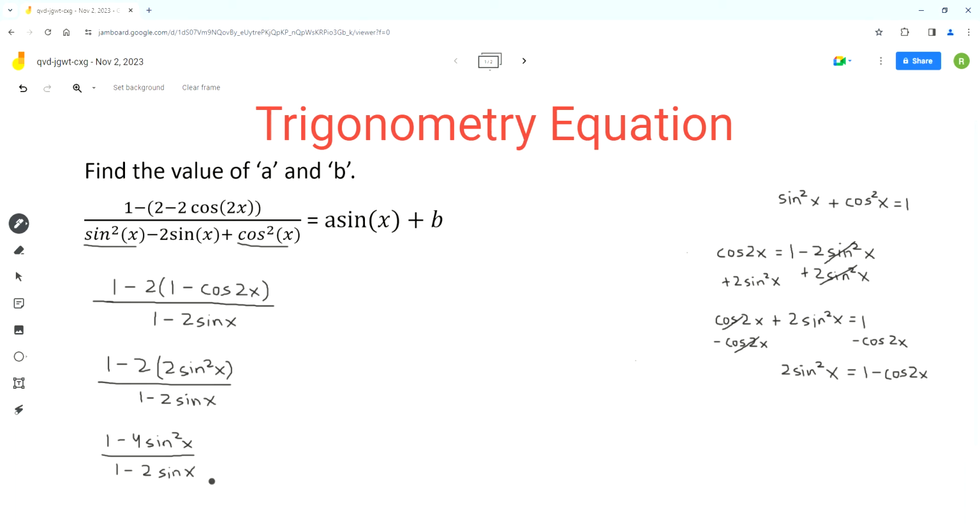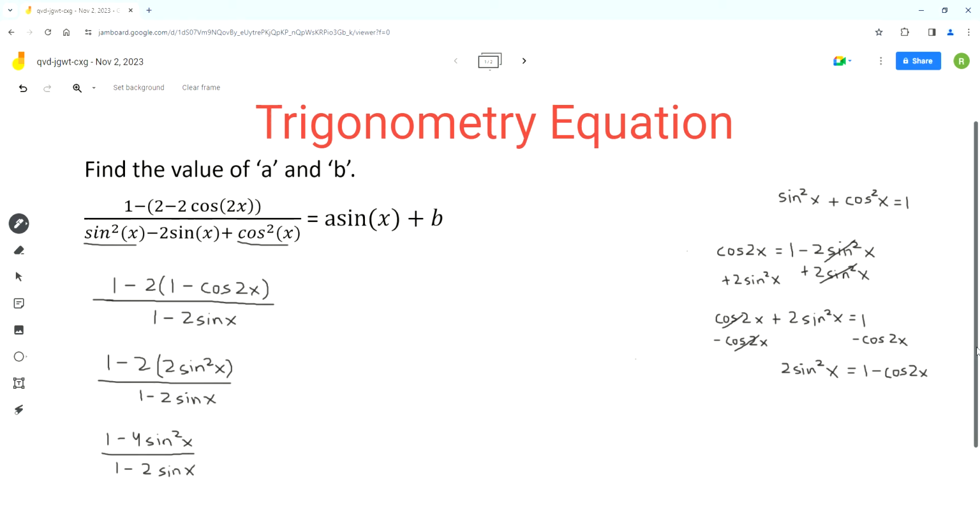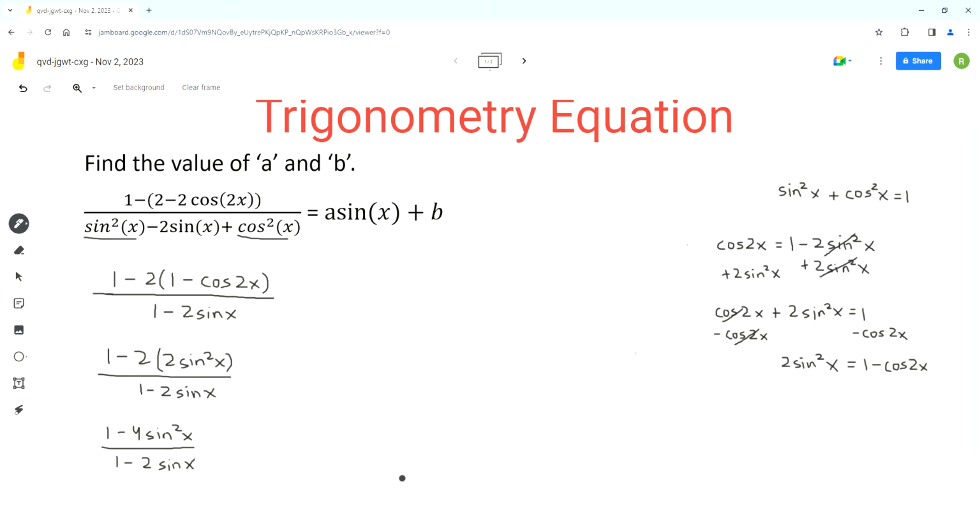Now we can simplify the numerator by using difference of squares. So I'll show the formula for difference of squares on the board. So a square minus b square. So this is a kind of factoring we do. A plus b times a minus b. Now in the numerator, I'll show you the steps here on the side.